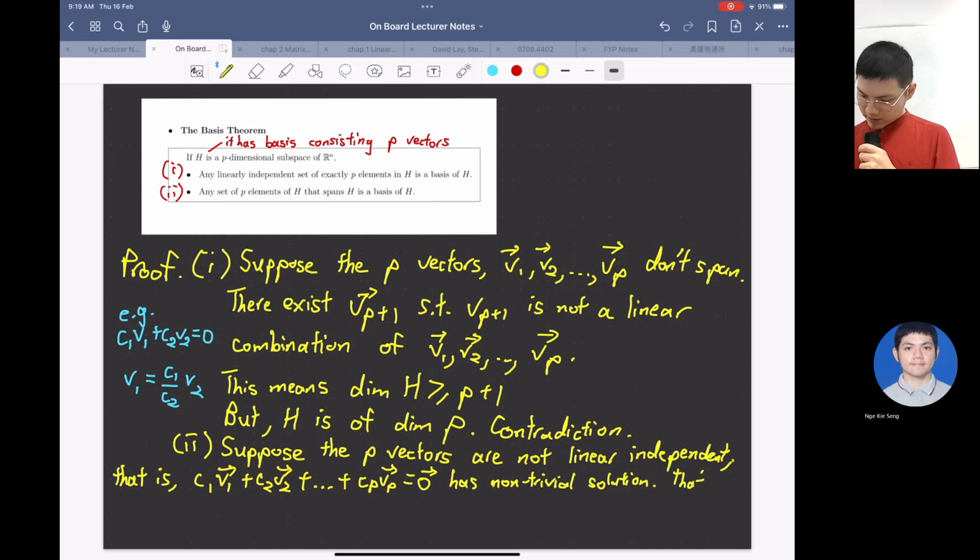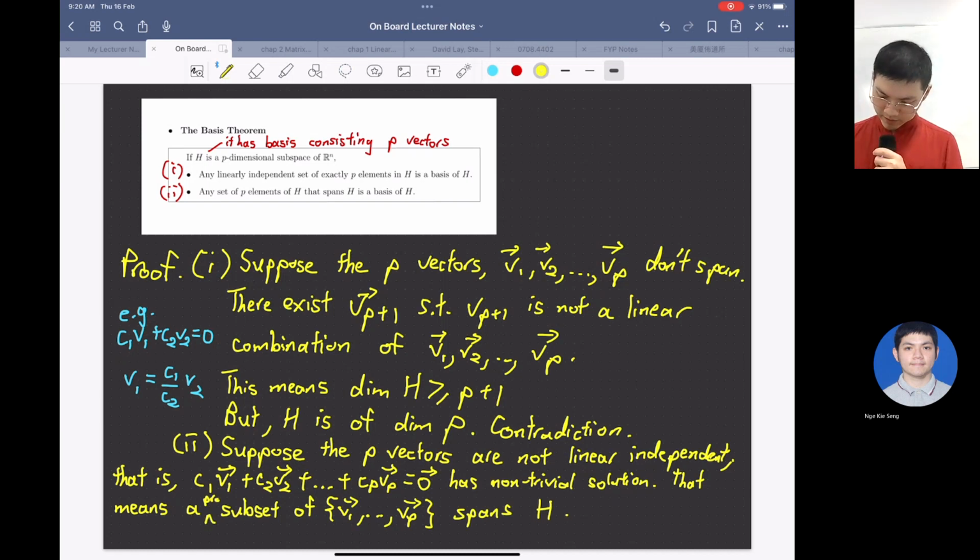That means a subset of v1 up to vp spans H, a proper subset. So that means you can throw away some vector, but the vectors still span H, right? Make sense?